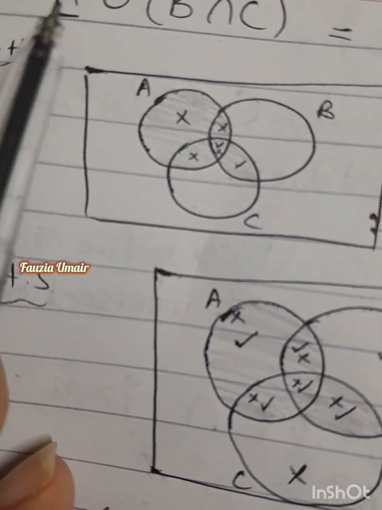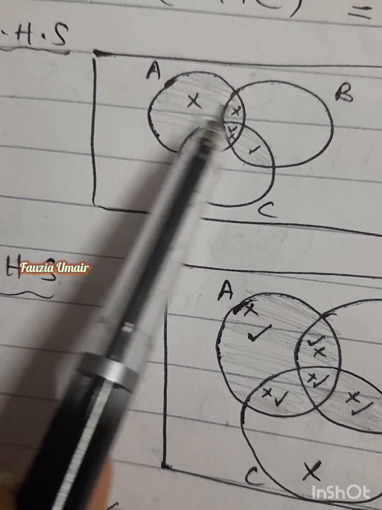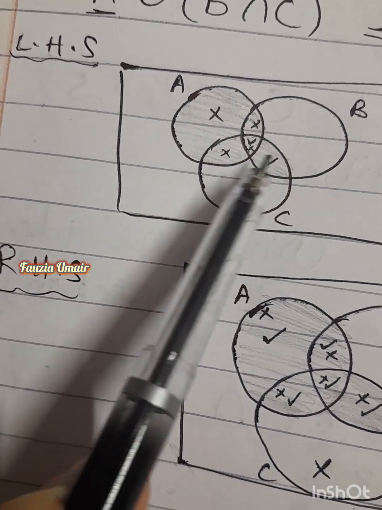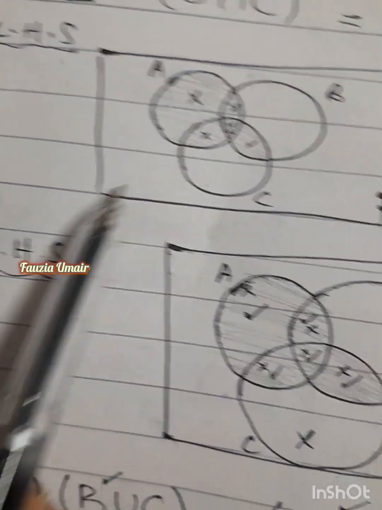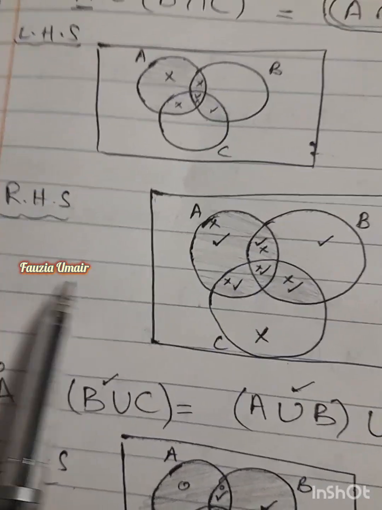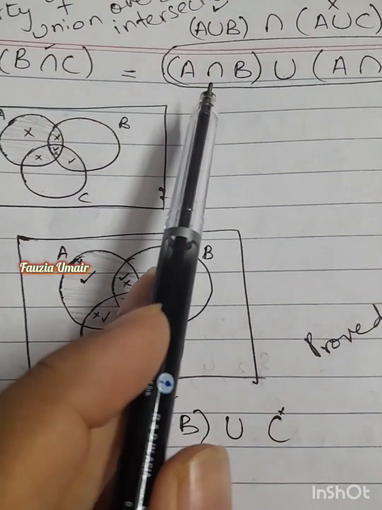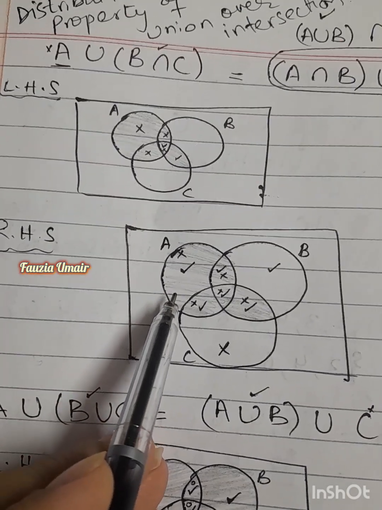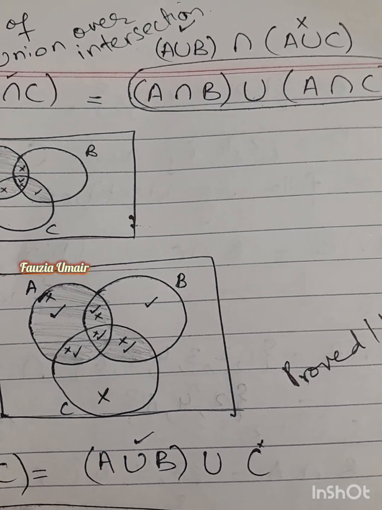I have taken 2 symbols, tick and cross, to represent, and because it is union, all the area would be shaded where the marks are there. So I have shaded all the area. For the right hand side, I have used 2 symbols again. A union B is represented by a tick mark, and A union C is represented by a cross.